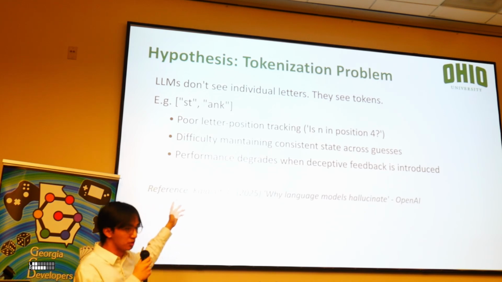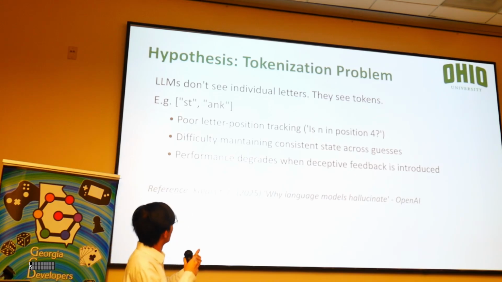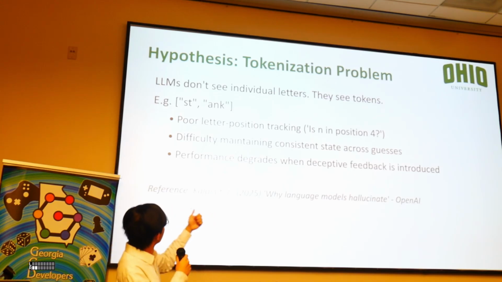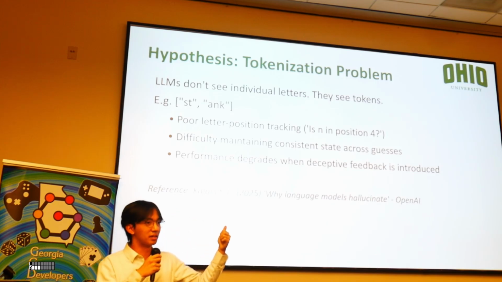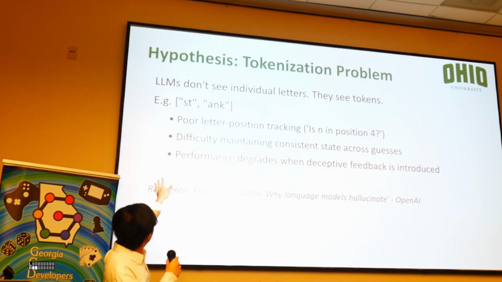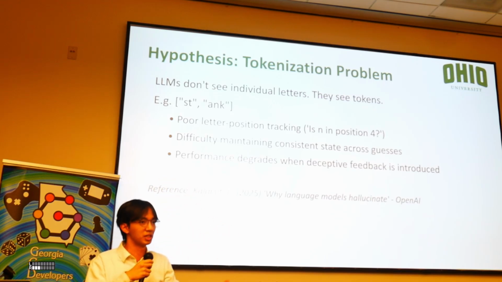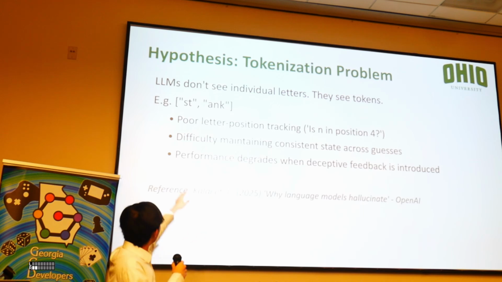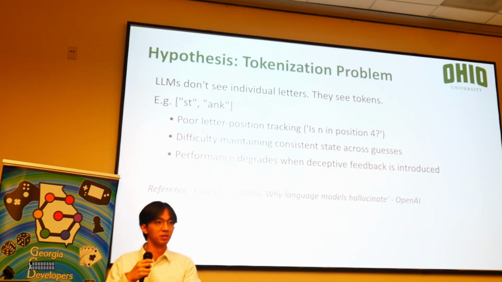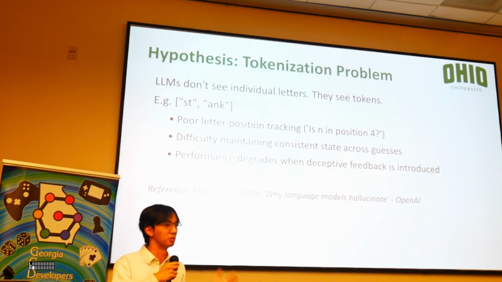It's tokenized into 2 different groups, ST and ANK. If you ask it, is the character N in position 4, it doesn't really know. Before these groups of characters are fed into the neural network, transformers, whatever, they just become numbers. So ANK will be represented by a single number, and there's not really information about whether the character N is in position 4 of the word stank or not.